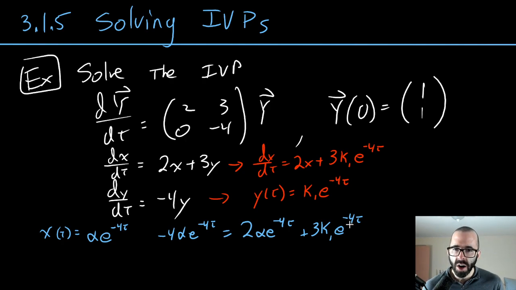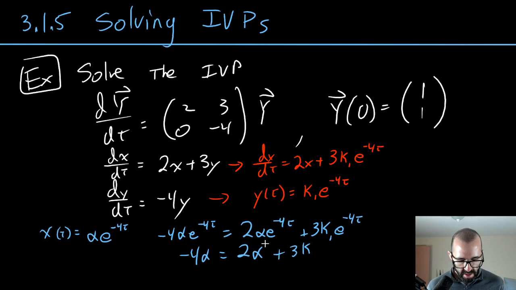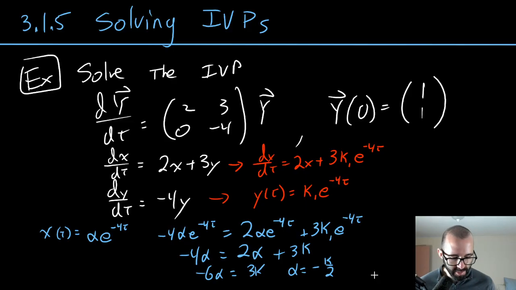This needs to be true for all t, so we just need to make the coefficients equal to each other. So negative 4 alpha is equal to 2 alpha plus 3k. And when we do that, we get negative 6 alpha is equal to 3k. So we get alpha is k over negative 2. I don't have an answer to check because I'm making up this problem.